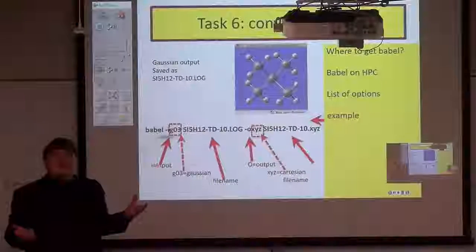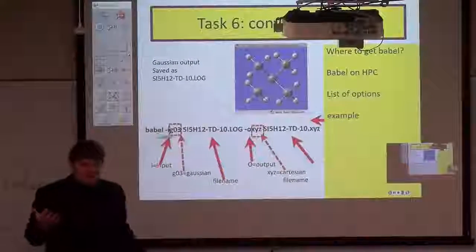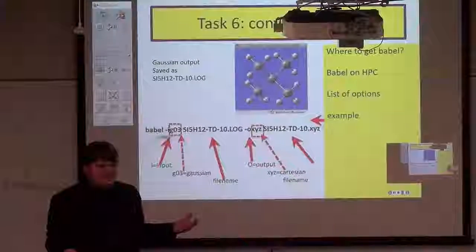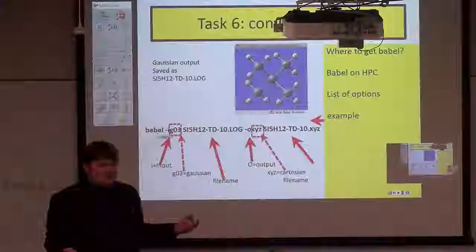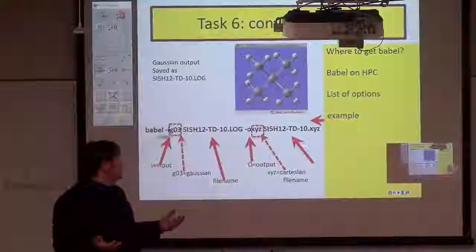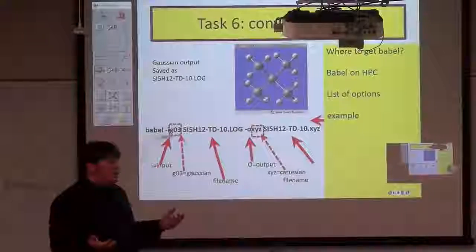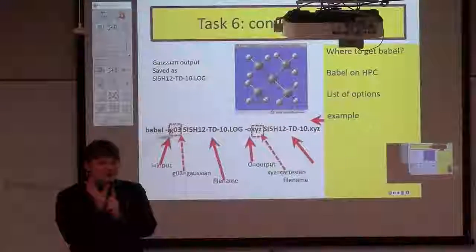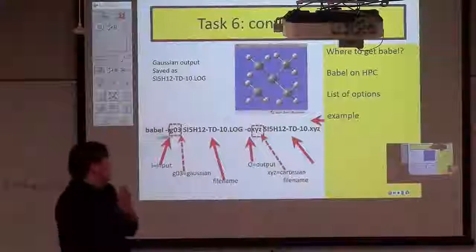Like each function in math and each script in the command line has arguments. There's a function of 1 argument, 2 arguments. This script has 6 arguments. It looks like a lot, but it's really simple.